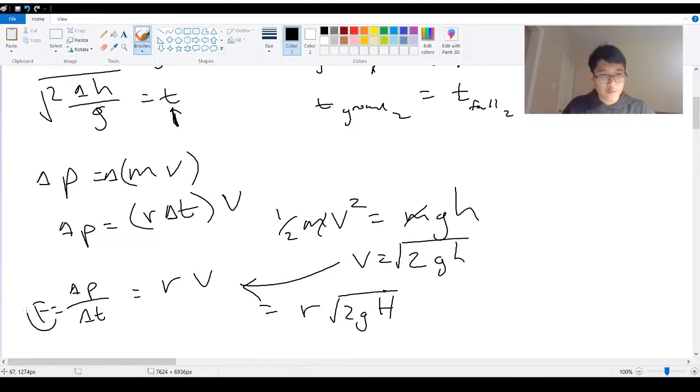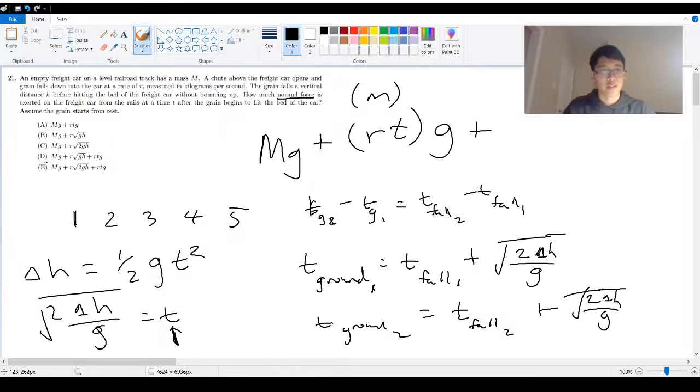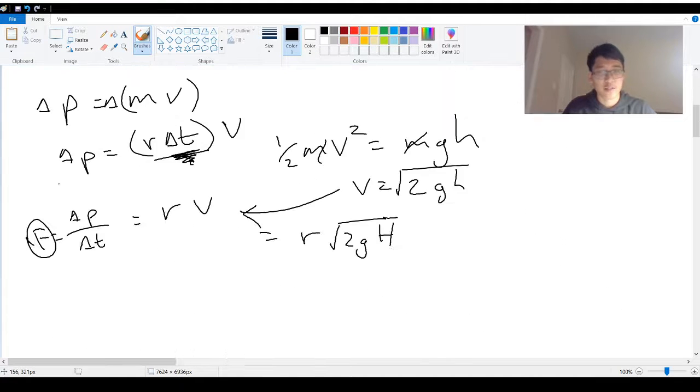And this is the force that the car must always exert at any time, because it has to continually bring this much mass down from its initial velocity to velocity 0. That means this gives us the final answer.